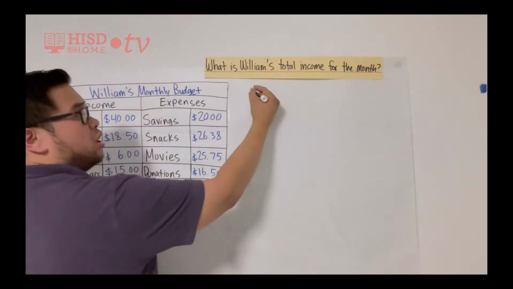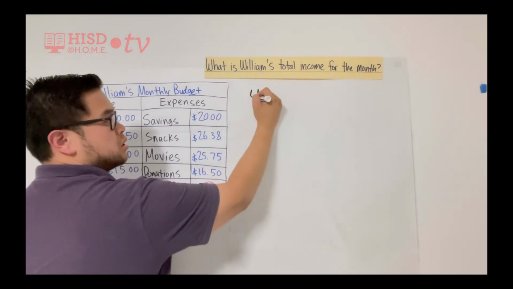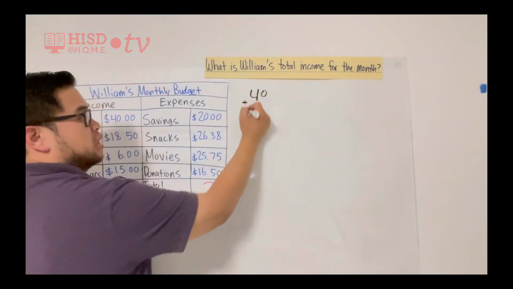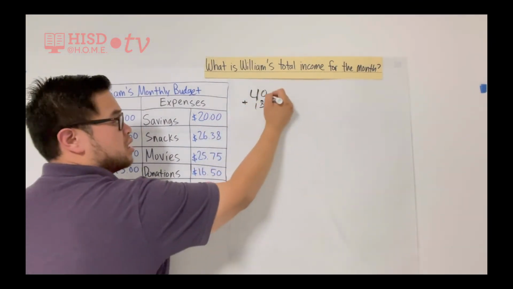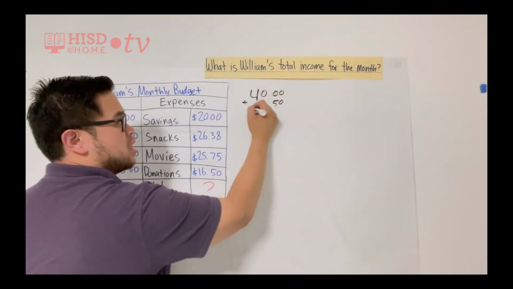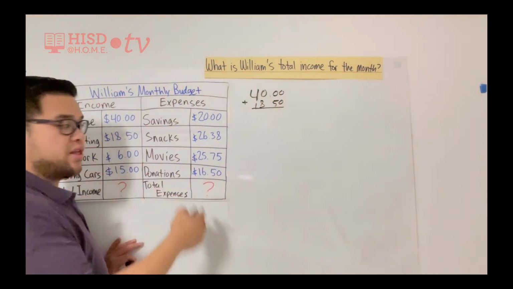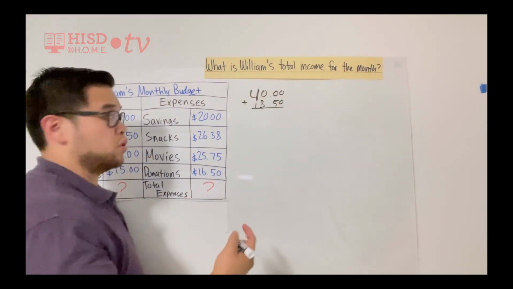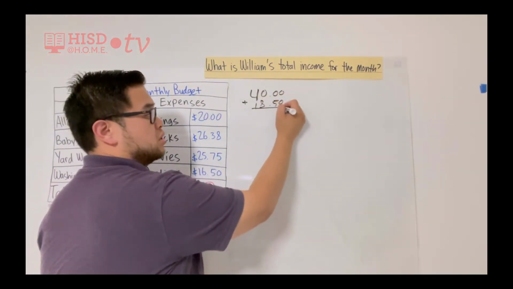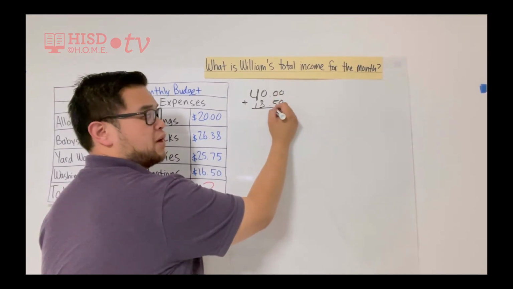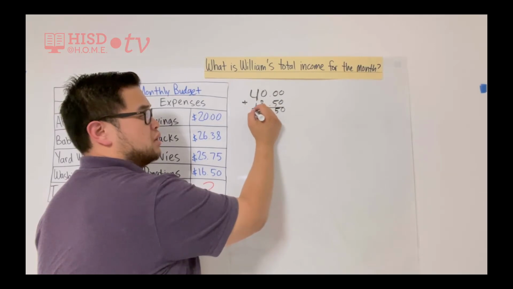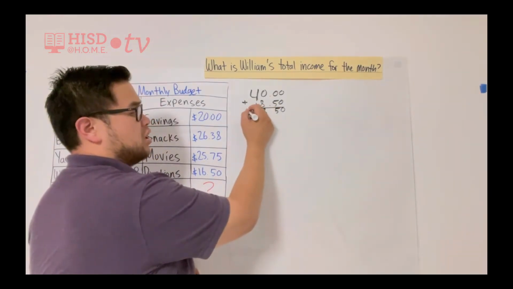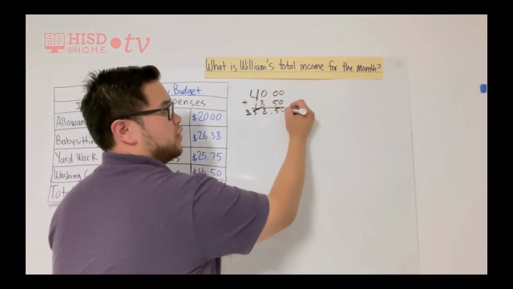So we have $40 plus $18.50. I'm going to add this first, and then I'll add the next amounts afterwards. So 0 plus 0 is 0, 0 plus 5 is 5, 0 plus 8 is 8, 4 plus 1 is 5. So we have $58.50.